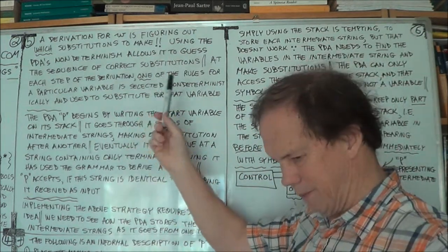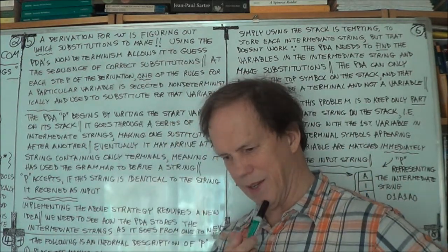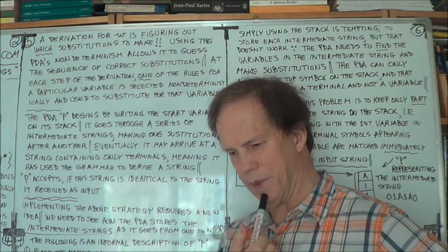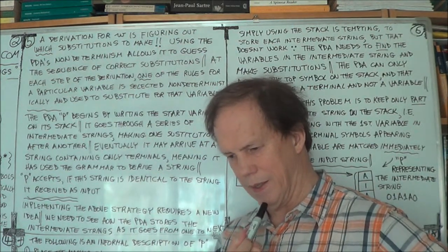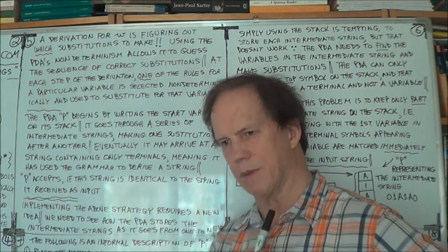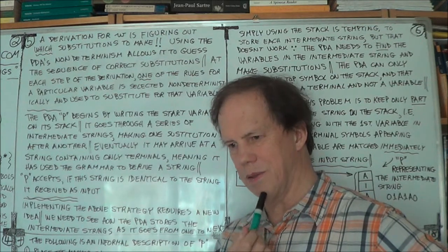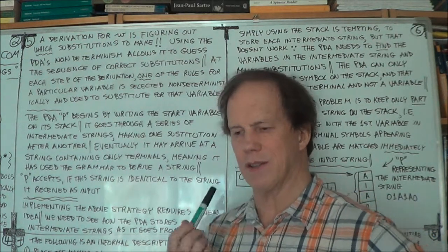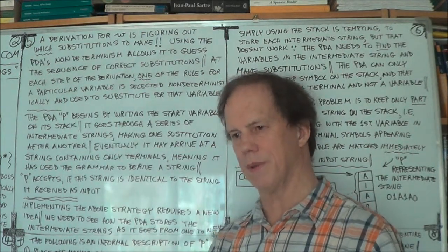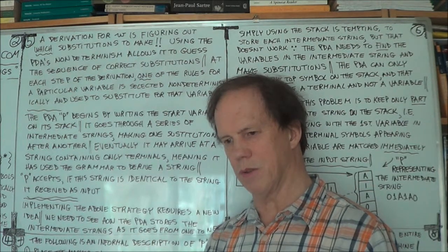Now let me give you the main idea again. You're trying to find a PDA that behaves like a context-free grammar. And what is a CFG? What does it do? Well, it generates a string full of terminal symbols, and it does that by using substitution rules.